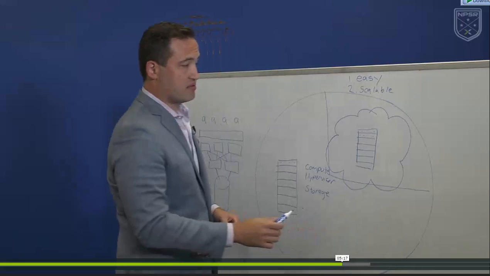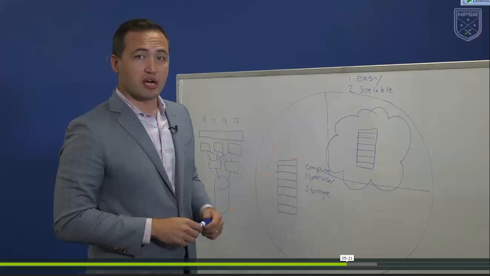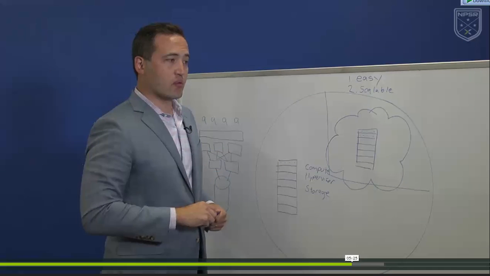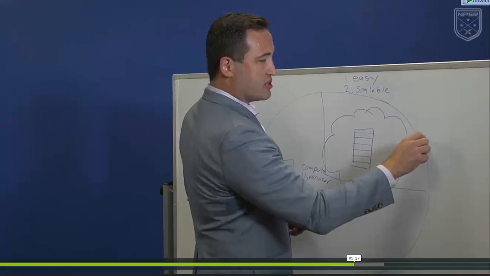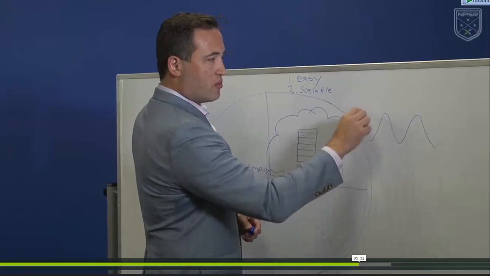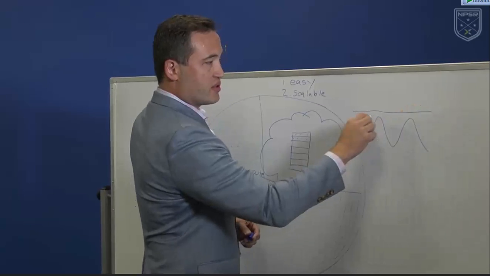Maybe roughly a quarter of your application workloads belong in the public cloud because they need a highly elastic workload where the application usage might go up and down and up and down, but you don't want to necessarily buy enough compute and storage for those high periods.